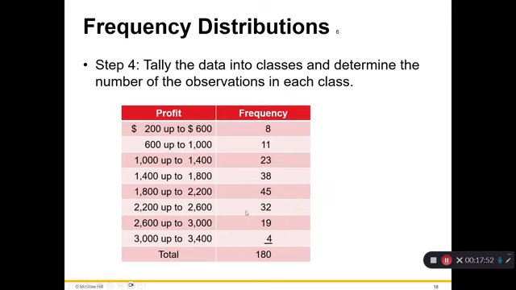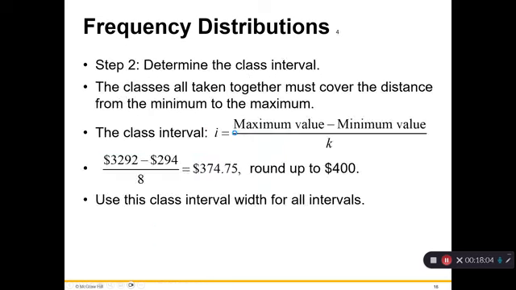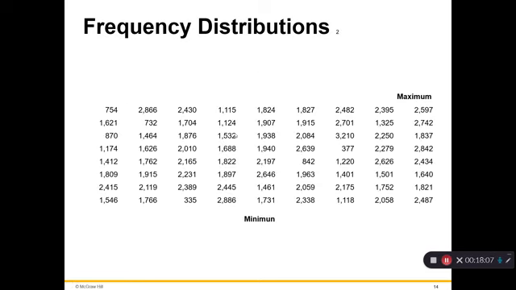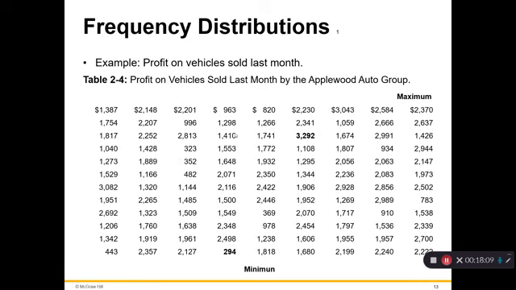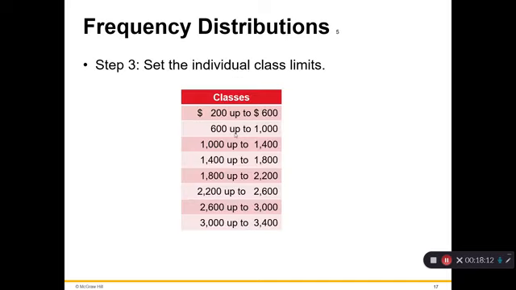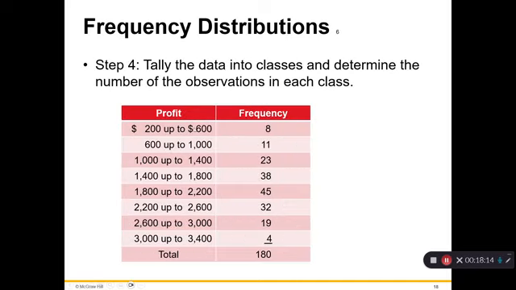And now frequency. What is the frequency? If we look at the data set, how many are between 200 and 600? 8. If we look back at this data set, between 200 and 600 we have 8, and between 600 and 1000 we have 11, and so on, and the total adds up to 180, because the total number of elements in the data set is 180.